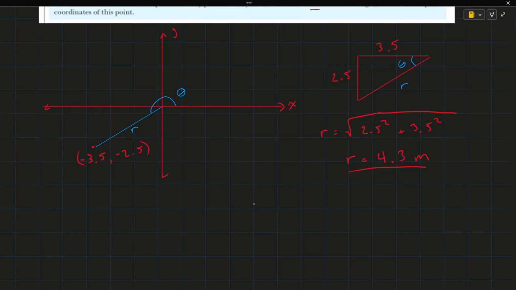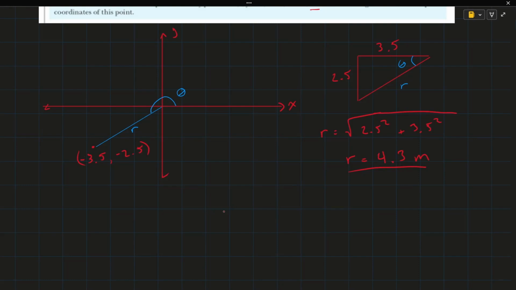Then we scroll down a little bit to come up with the angle. In most cases, you're going to use tangent just because you're usually given x and y. Now that we have the radius, technically we could use sine, cosine, or tangent. But say by some terrible mistake we calculated our r value wrong. Then if you use that r value to calculate your theta, you're going to get the wrong theta too.